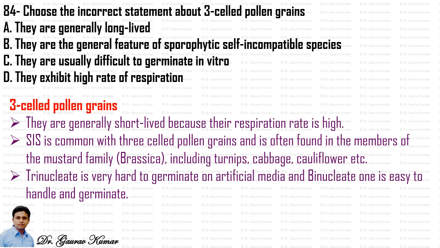SI, that is self-incompatible species, is common with three-celled pollen grains and is often found in the members of the mustard family, that is Brassica, including turnip, cabbage, cauliflower, etc. And trinucleate pollen grain is very hard to germinate on artificial media, and binucleate one is easy to handle and germinate. So from the first point itself, we know that the first option, that is they are generally long-lived, is incorrect, and this is the answer to our question.